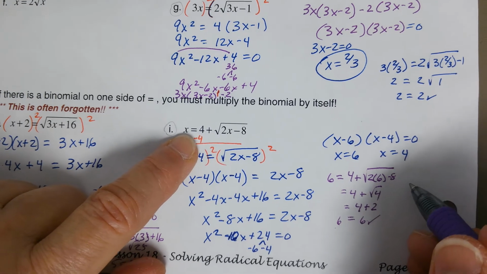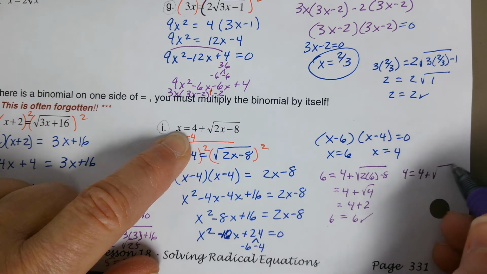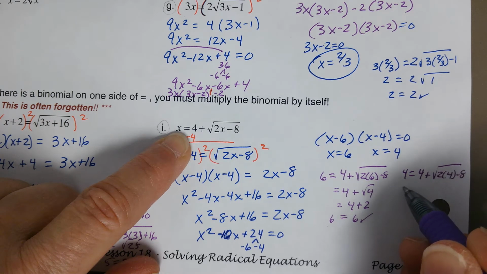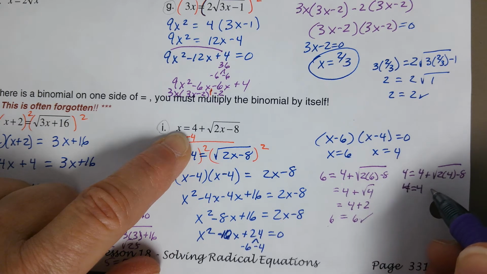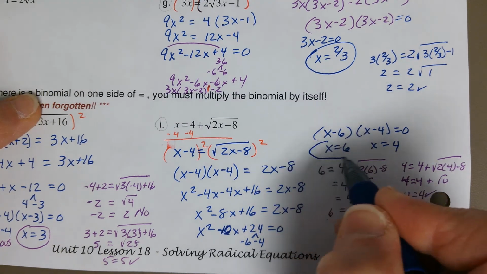Does 4 check? Does 4 equal 4 plus the square root of 2 times 4 minus 8? Does 4 equal 4 plus, that's 8 minus 8, the square root of 0 is 0. Yeah, 4 equals 4, that checks. So both of these are solutions.